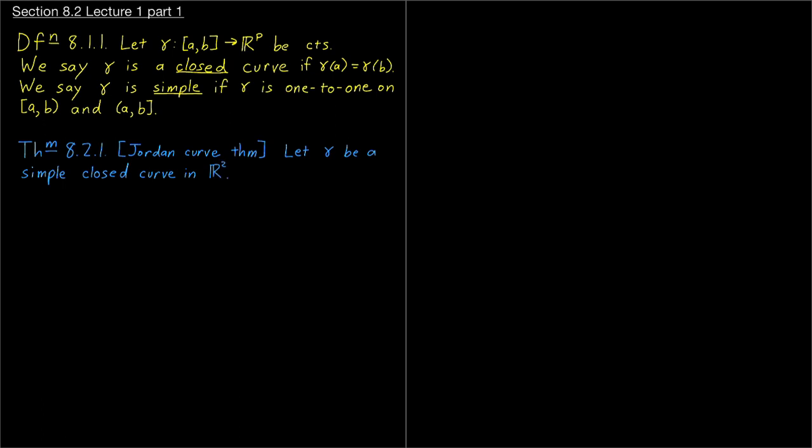The short version is that the curve has an inside and an outside, but let's state this a little more precisely. Let capital Gamma be its trace.